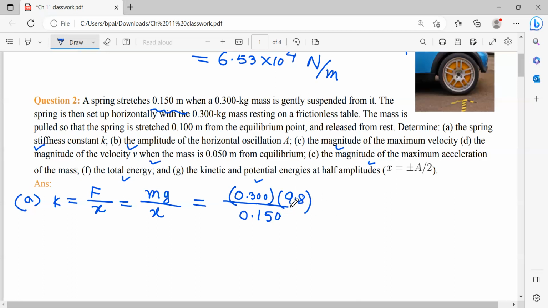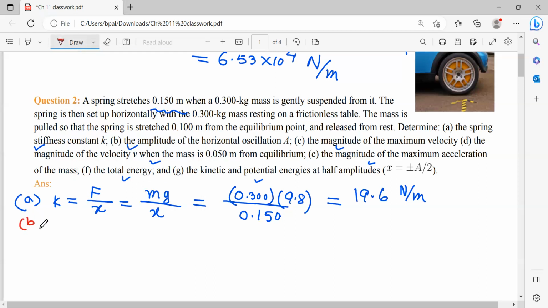Here we don't need to convert because it is already in meter. If you plug all these values in your calculator, it should give you 19.6 Newton per meter. That was easy.